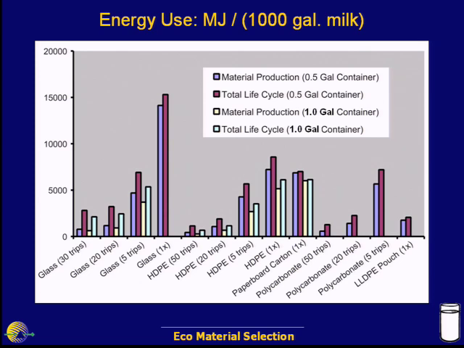Okay, so what do we learn? Just looking at glass, it's quite obvious that if you have more trips and more uses, the energy use to deliver 1,000 gallons of milk is going to go down. And that is because the material production is so energy consuming, and that's indicated here by the one-time use.